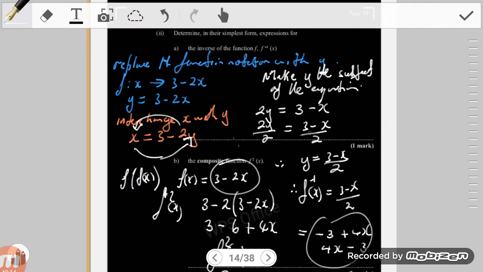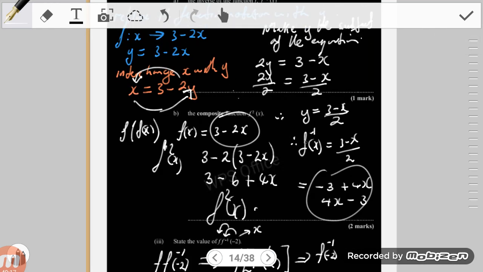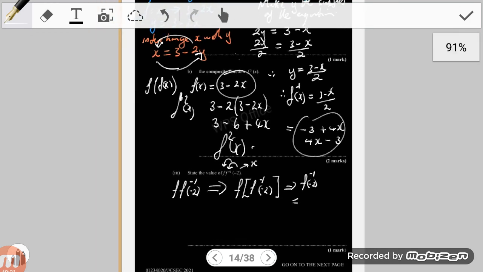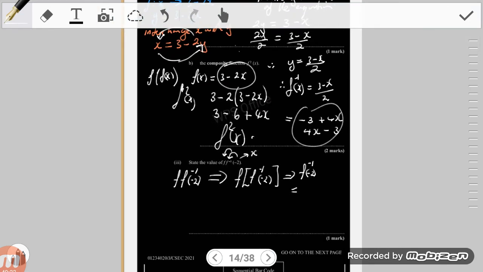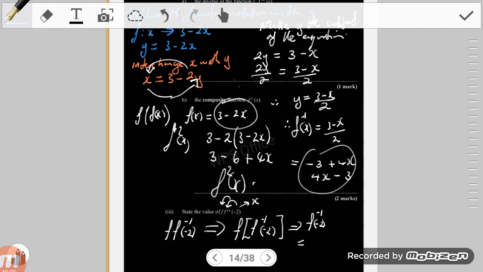Let's say f inverse x is 3 minus x over 2. We're going to replace negative 2 wherever we see that x right here. So that's going to be 3 minus whatever x is down here, which is minus 2. So that's going to be 3.